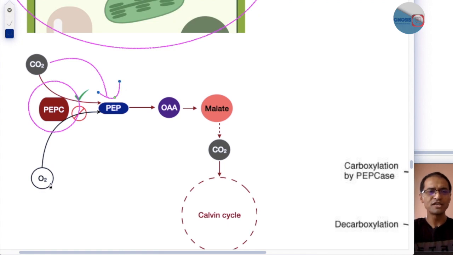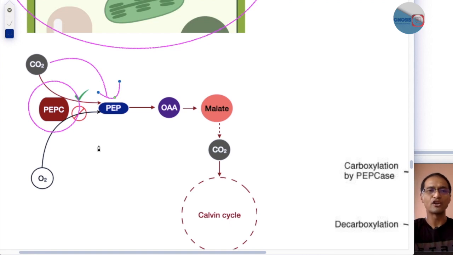And oxygen cannot bind to phosphoenol pyruvate because the enzyme phosphoenol pyruvate carboxylase preferentially binds carbon dioxide to it, unlike the enzyme Rubisco, which is RuBP carboxylase oxygenase, which can bind both carbon dioxide as well as oxygen to RuBP.